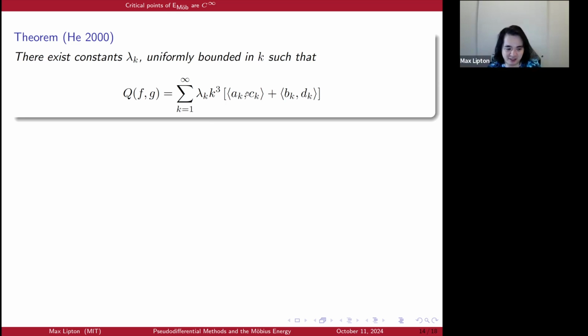Remember, the a's and b's are going to be vectors in Rn as opposed to just numbers, so we can take their inner product.